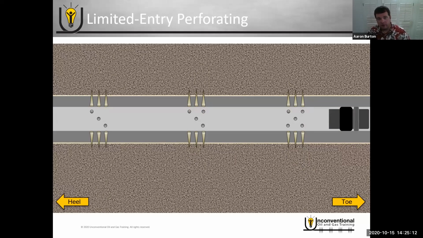So now you can see what we've done is we've changed the number of holes between each perforation. At the toe-most perforation, now we have 5 holes. In the middle, we have 4. And in the heel-most perforation, we have 3 perforation holes. So now what we've created with this is the toe-most perforation with the 5 holes has the most flow area. So that's a path of least resistance from a flow area standpoint.